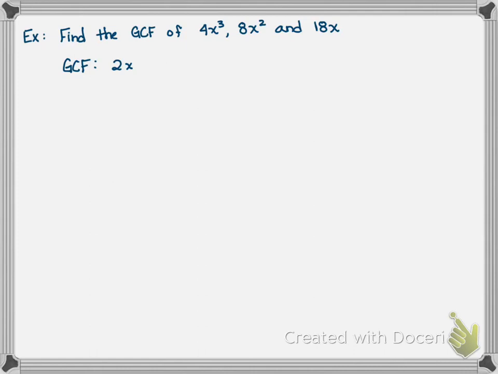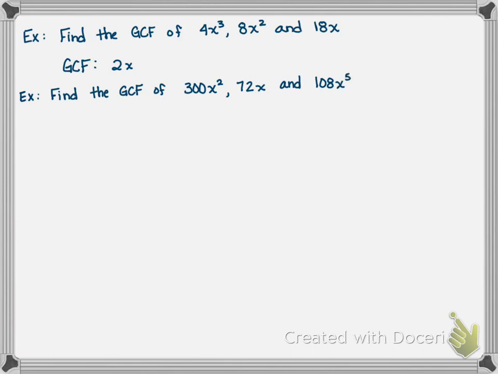And so just as a fallback, if the numbers are bigger, we can also use prime factorization to find the GCF. So for example, let's find the GCF of 300x squared, 72x, and 108x to the 5th.